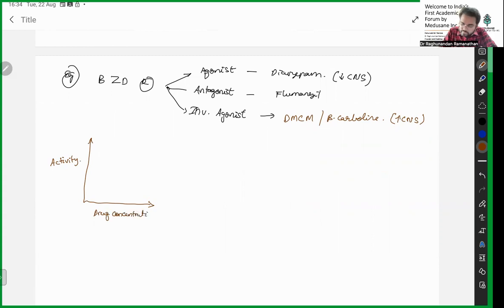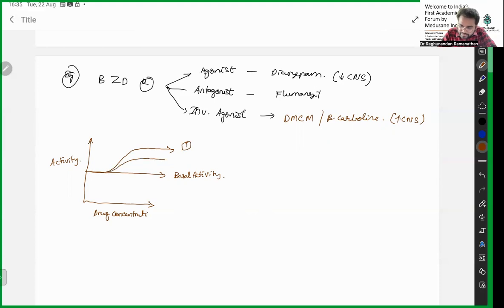This is going to be your basal activity. So everything starts at the normal basal activity, but one is going to attain the maximum. That is going to be your agonist.